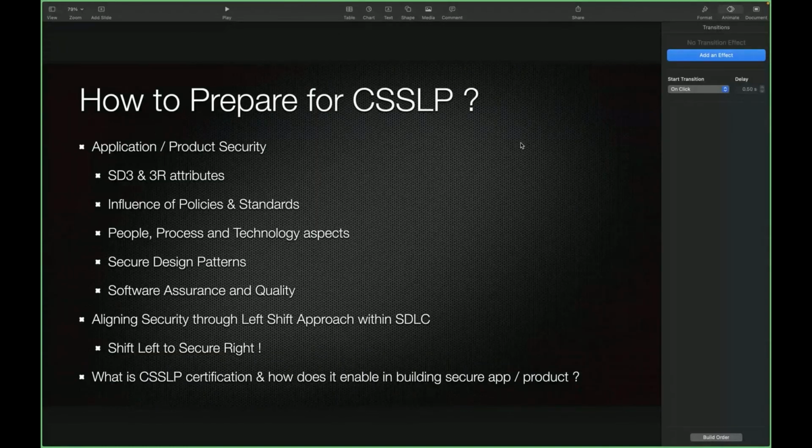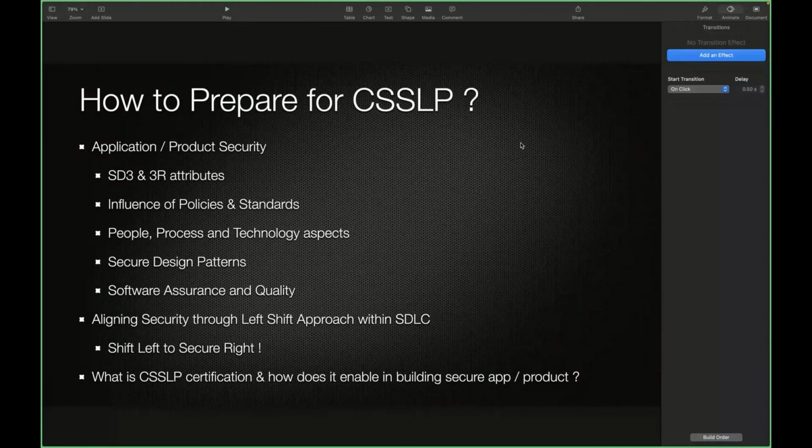CSSLP would enable and guide you to understand the different domains it covers, and it would also enable you to build a secure application or product.